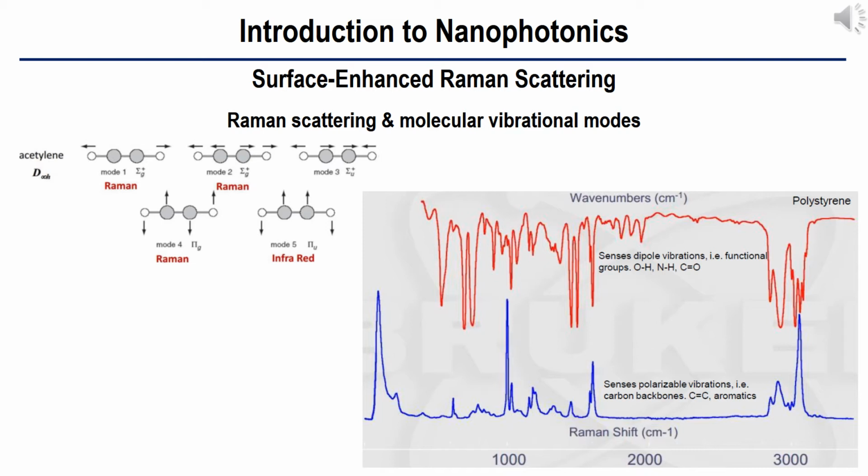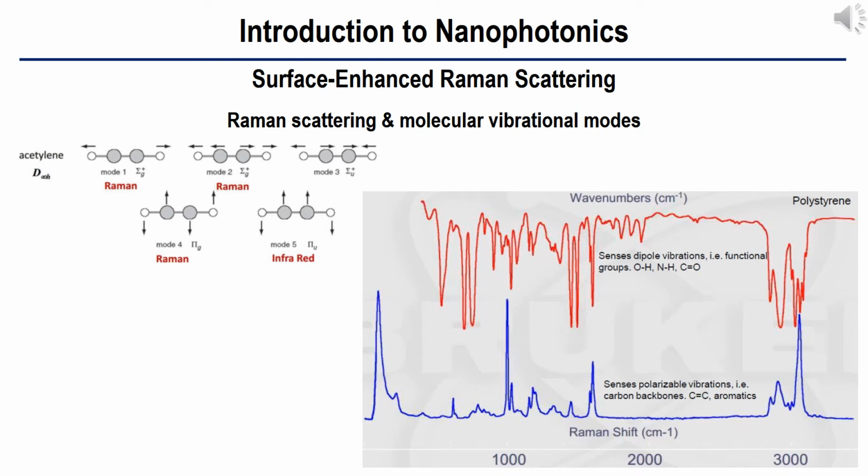For the molecular vibration associated with Raman scattering, the polarizability must change during the vibration. For your reference, in a centrosymmetric molecule, a vibrational mode may be either IR active or Raman active, but not both.